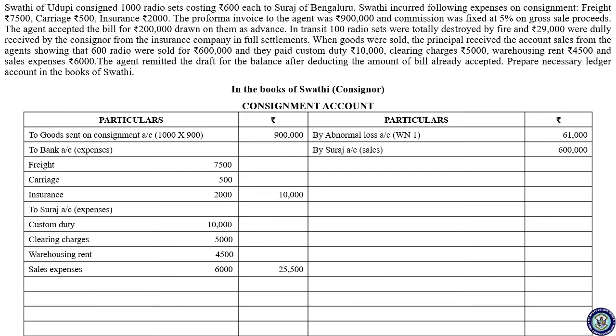That is to Suraj's account, expenses incurred by the consignee. So next one, that is the last, sorry, commission. To Suraj's account commission. So 6 lakh is the total sale and commission is 5% on that.